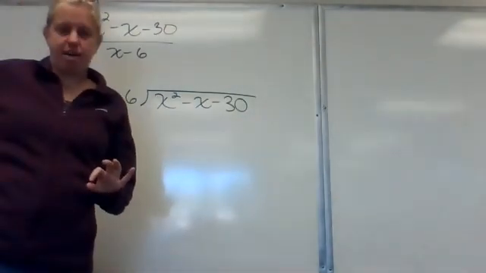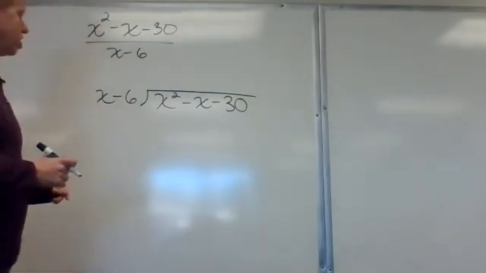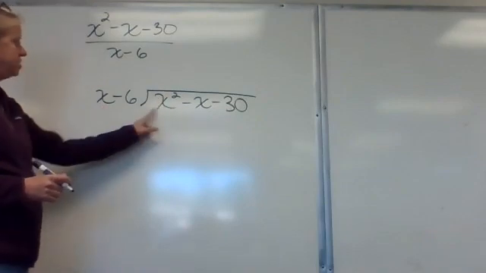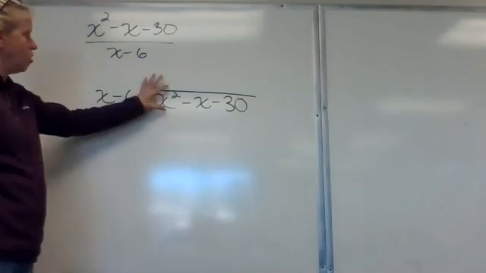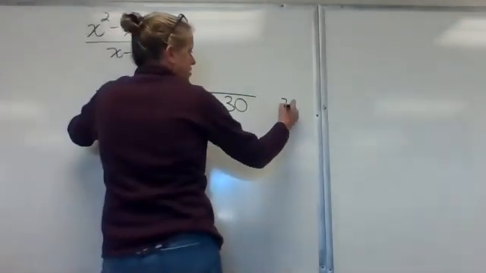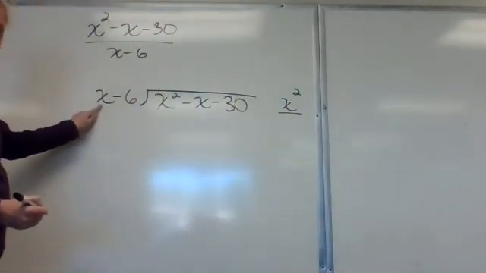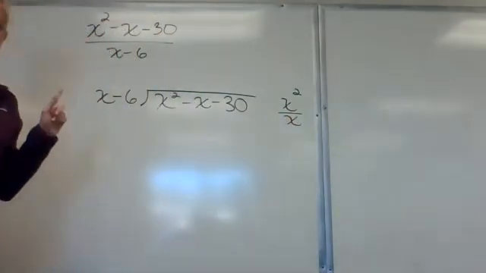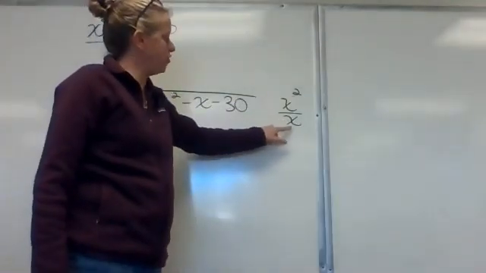So the first step, you'll notice you've got these two terms out here. You're trying to see how many times x goes into x squared. Let's make that easier on ourselves: whatever this first term is, put it over this first term. So I have x squared over x.